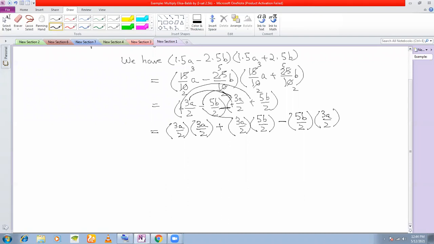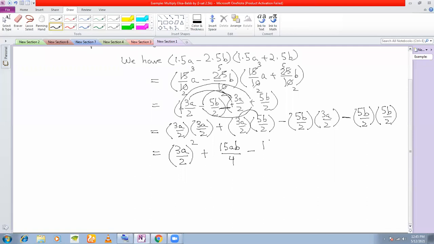And finally, this minus sign will combine with this plus sign to give you a minus sign. So 5b by 2 into 5b by 2, right? So now what happens? This 3a by 2 by 3a by 2, if you multiply, this will become 3a by 2 whole square. Here, if you multiply these, 3 into 5 will give you 15, and a and b are already there, and in the denominator 2 and 2 will multiply to give you 4.